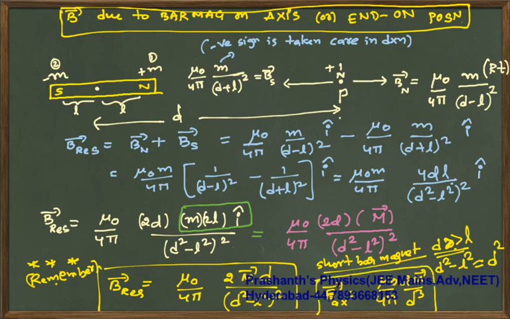So this is your final answer. For a short bar magnet, in the books this will be used, but the correct result is the earlier one, and I told you previously and I will keep telling you, remember this result. And the direction of B is in the direction of the magnetic moment, on the axial line or end on position.